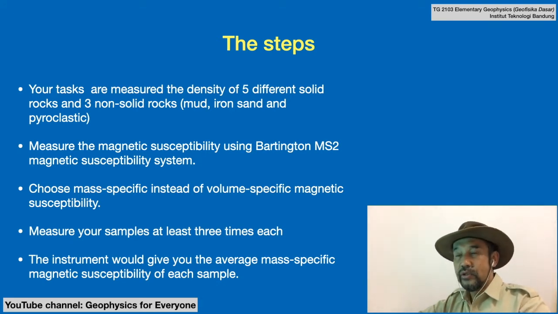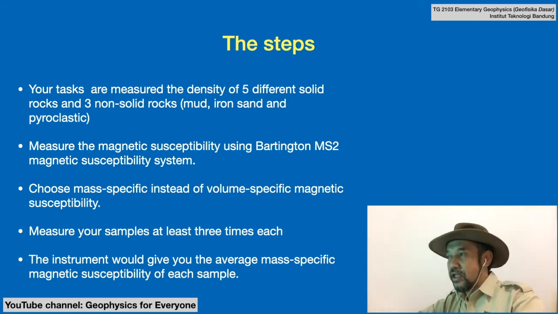How are you going to do that? You insert the samples one at a time into the sample slot of the MS2B sensor. You don't have to worry this time, okay? When you do it in the lab, a laboratory assistant will help you to operate this instrument.